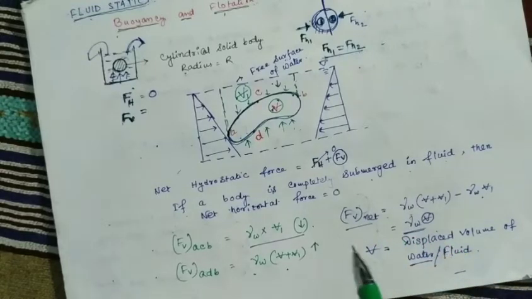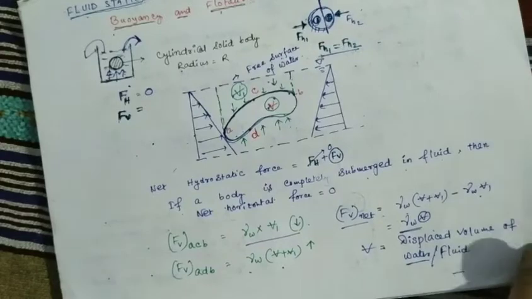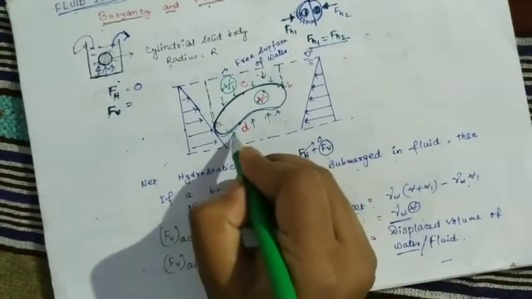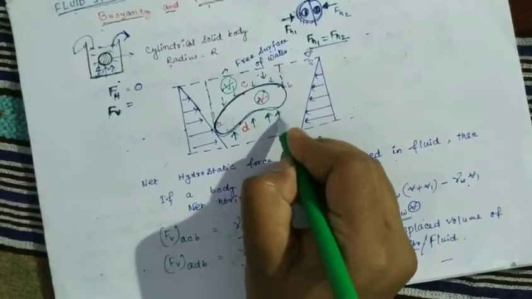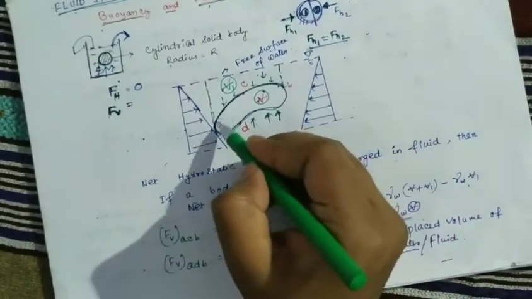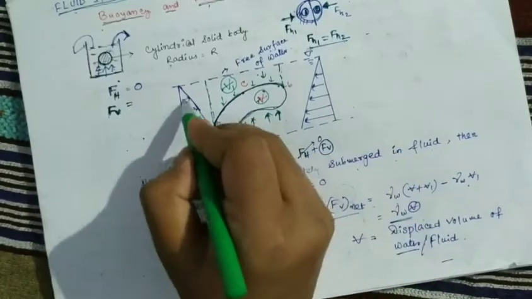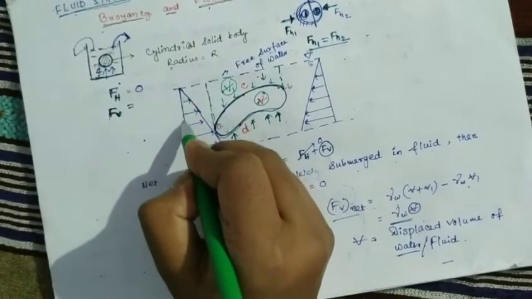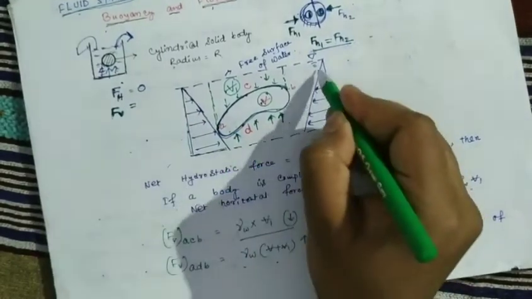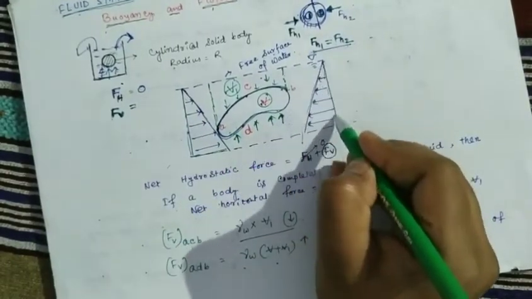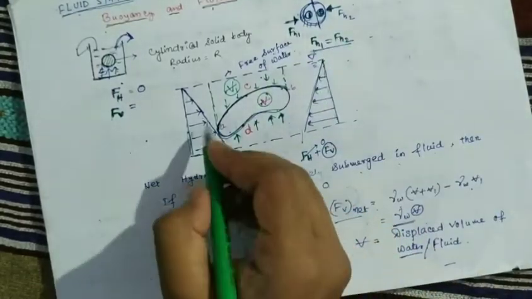But there must be some amount of vertical force. So these are the vertical forces. Okay, so I am taking a body which is submerged in fluid, and the horizontal hydrostatic force will become zero, because as I told you, from both sides it will have the same magnitude.